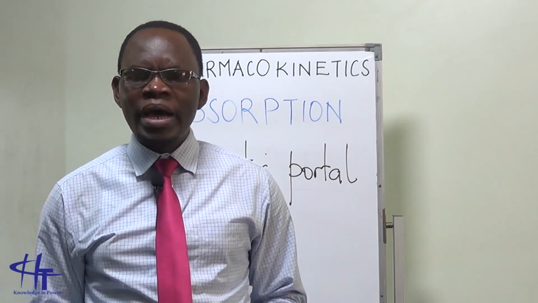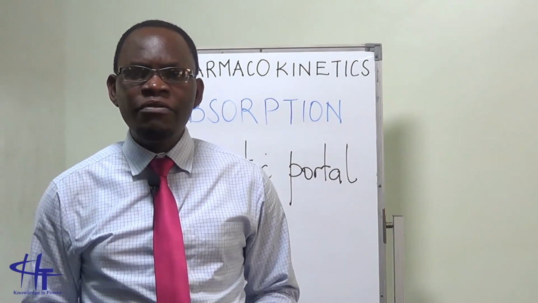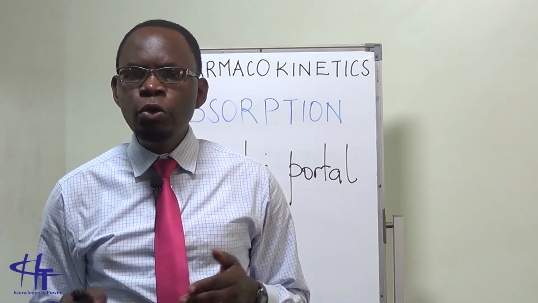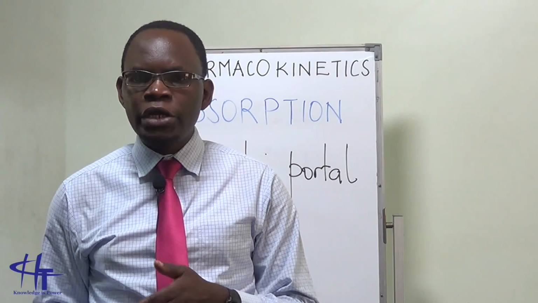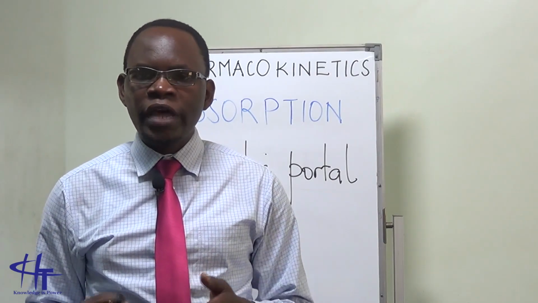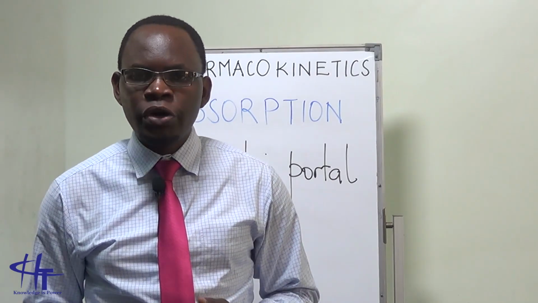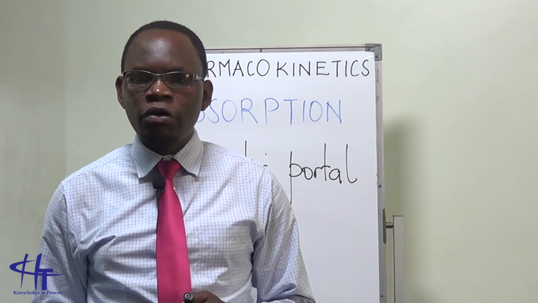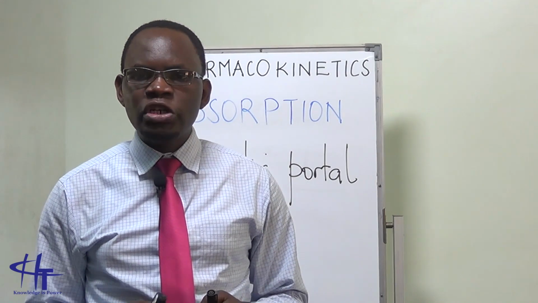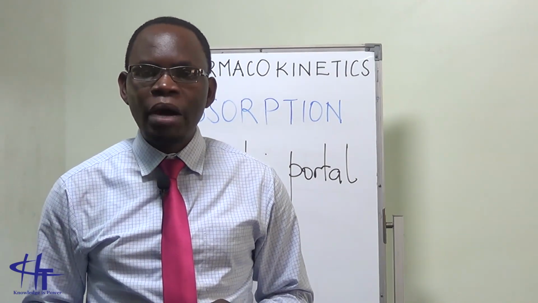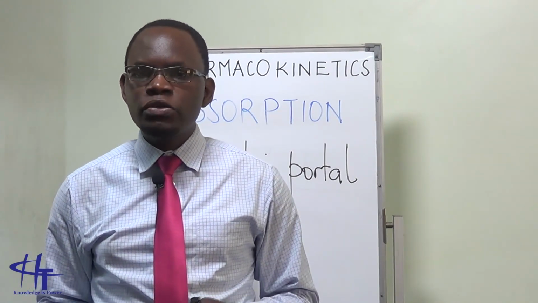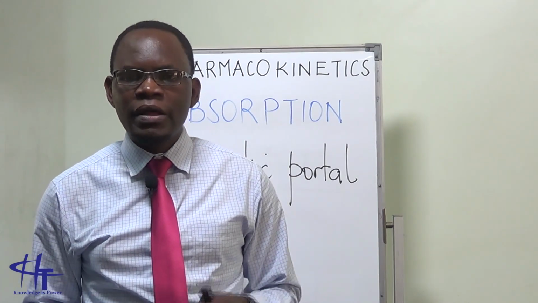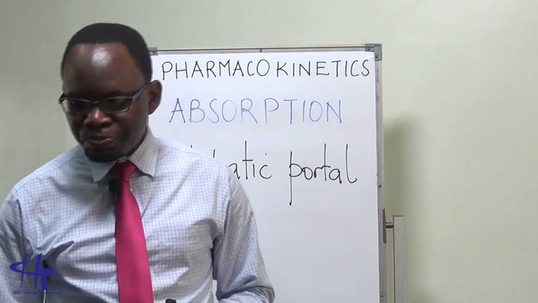So it's not so much about the extraction. However, for the first pass metabolism or first pass effect, we point more to extracting or destroying the active part of some of these drugs, so that eventually you have less of the drug going to systemic circulation. Now, that is what we refer to as the first pass metabolism.